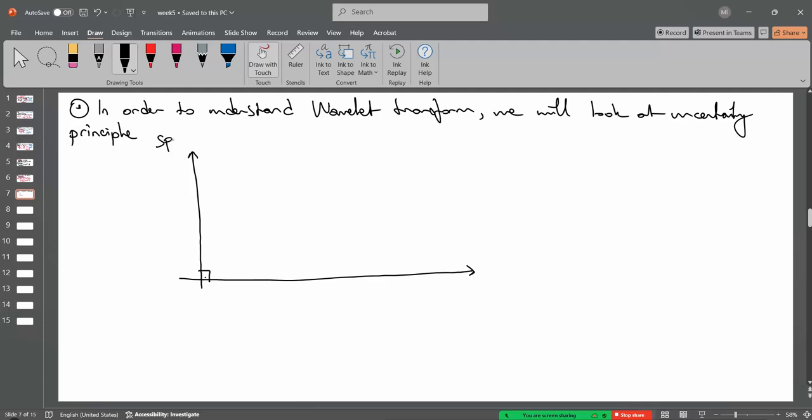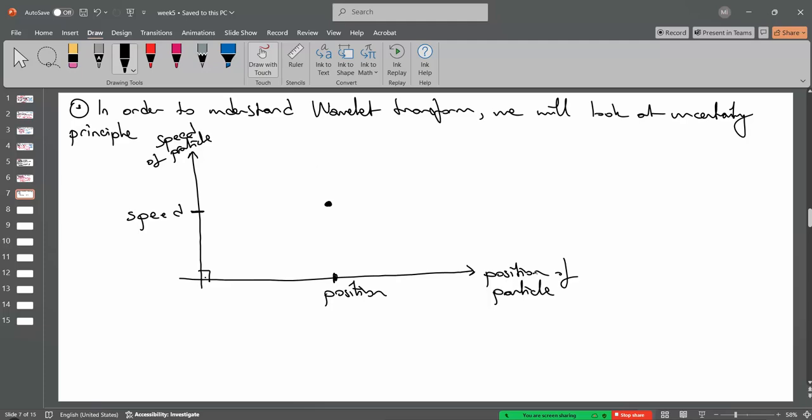speed of a particle, which is given here, and also position of the particle, which is given here. And so maybe we have a speed here, just like this one, and also maybe we have a position here. Okay. And so the basic guess is that the particle is at this point with the speed and the position.